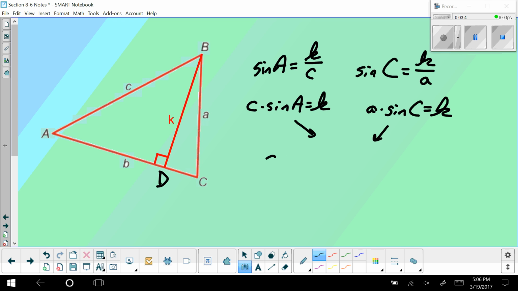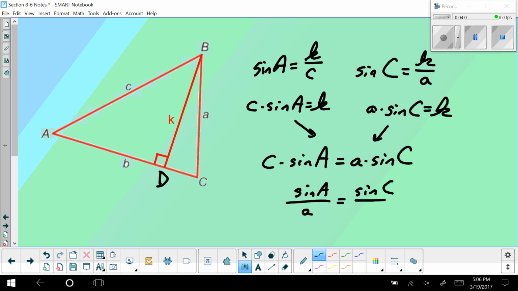So I would have C times the sine of A equals A times the sine of C. And now I'm going to divide each side by this length C and each side by this length A, which gives me the sine of angle A over A is equal to the sine of angle C over C. And there is our law of sines.